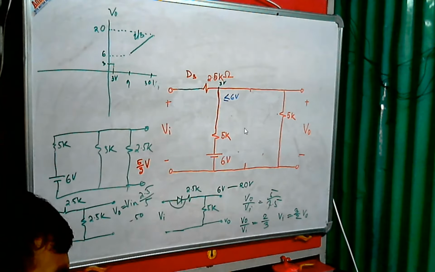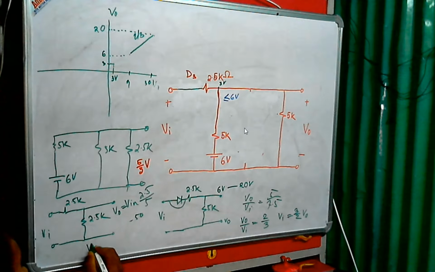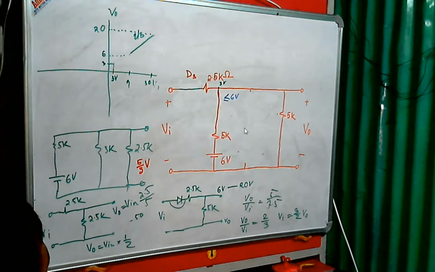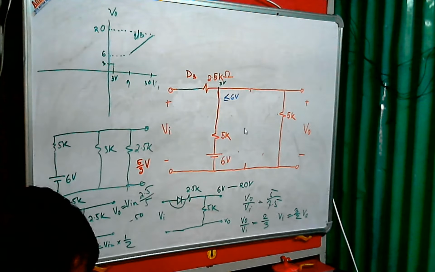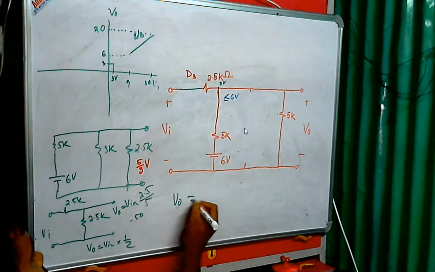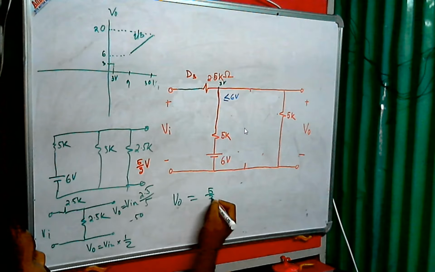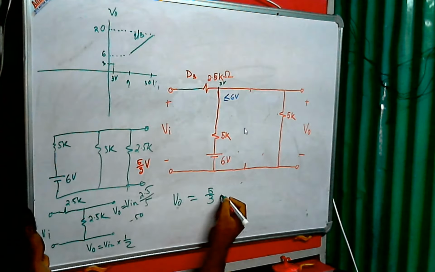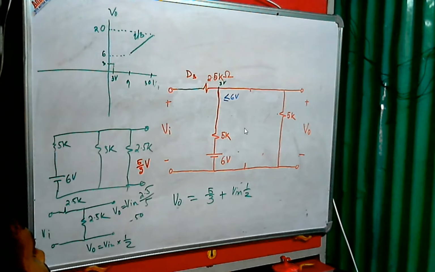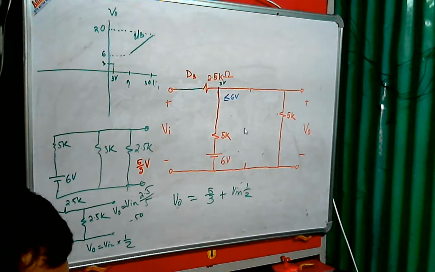That is Vout equals Vin into half. Now you can combine these two outputs. Your overall output Vout is 5 by 3 volt plus Vin into half. So this is the equation.